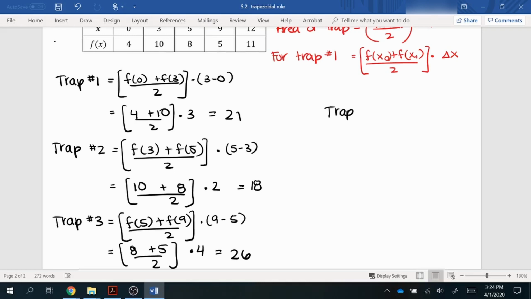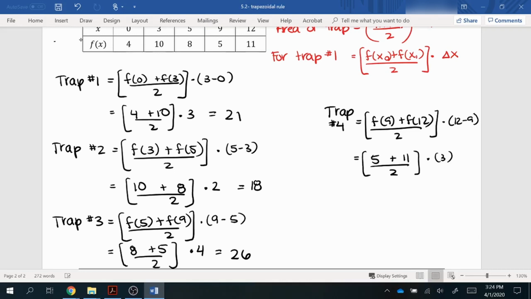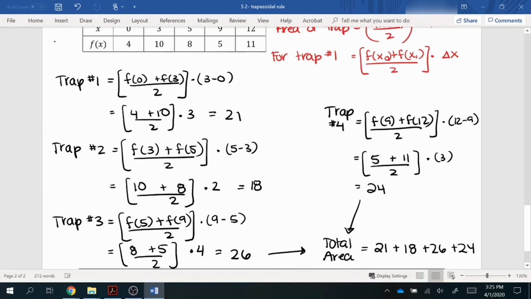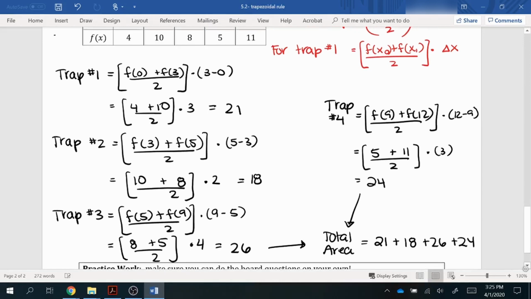And last one, trapezoid number 4 is going to be f of 9 plus f of 12 over 2 times 12 minus 9. F of 9 is 5, f of 12 is 11, so 16 over 2 times 3 is going to give us 24. So our total area is going to be 21 plus 18 plus 26 plus 24, which is 89 square units.